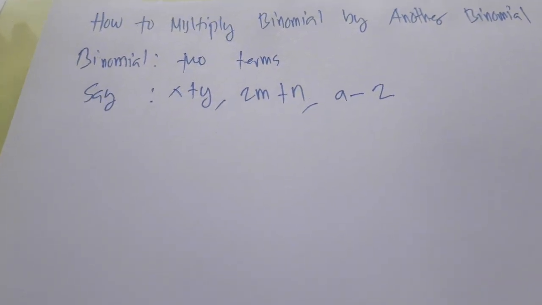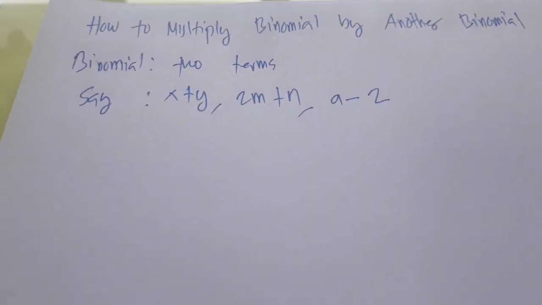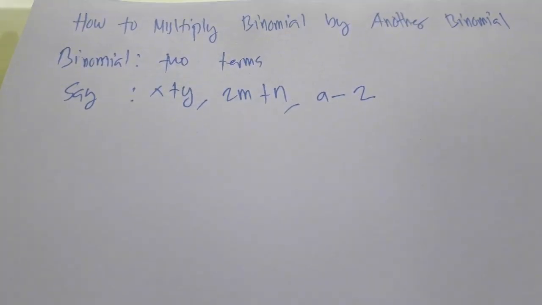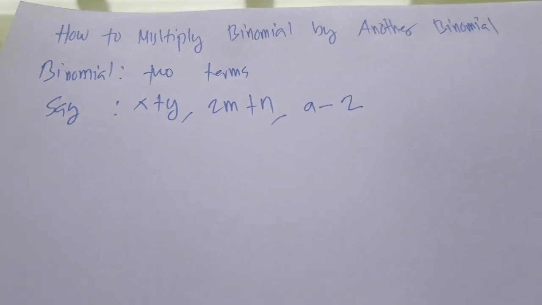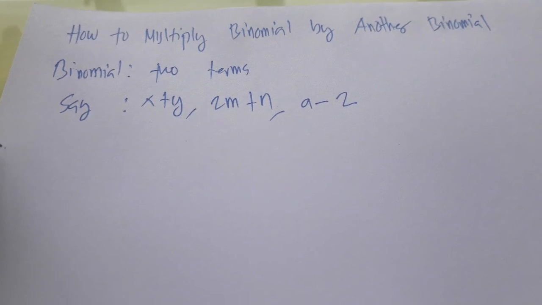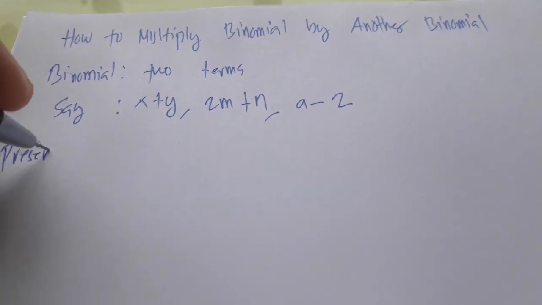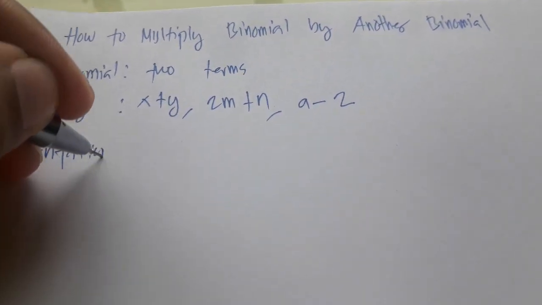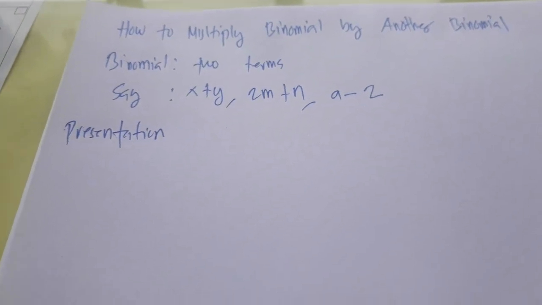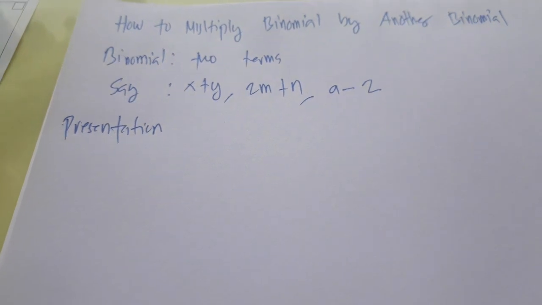Since our objective is to multiply a binomial by another binomial, we should first know how to present them. Again, I will introduce to you my binomial.